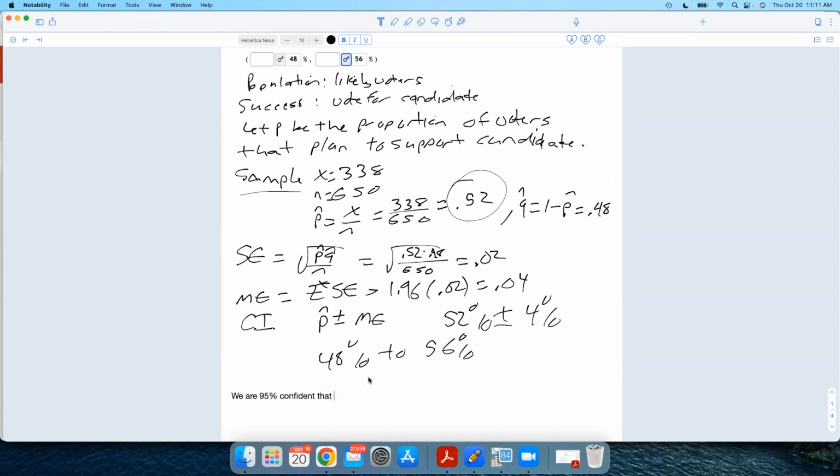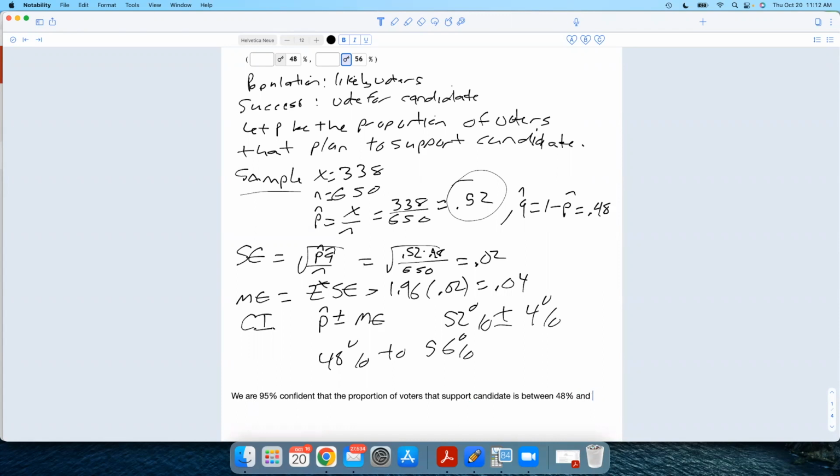It helps writing our conclusion that the proportion of voters that support the candidate is between, don't forget the word between, 48% and 52%.